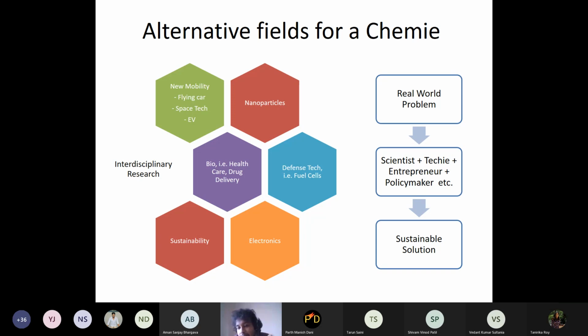When you make an EV, the body of the car should be made of a lightweight material. Lots of research is going on, and an integrated value chain of automotive plus battery is getting created, and India's market is supposed to expand very fast based on the current policy changes.